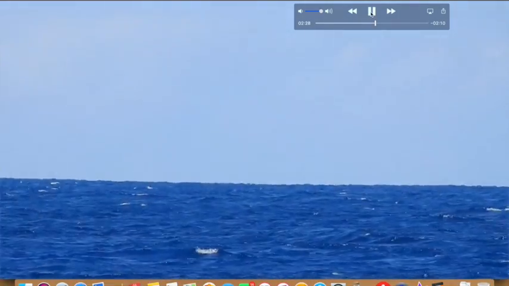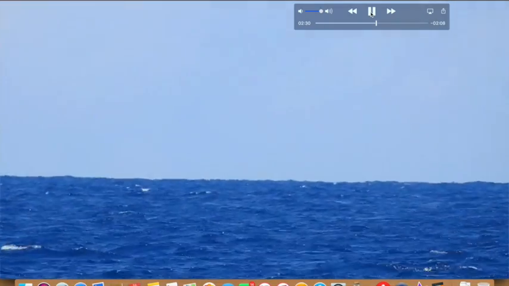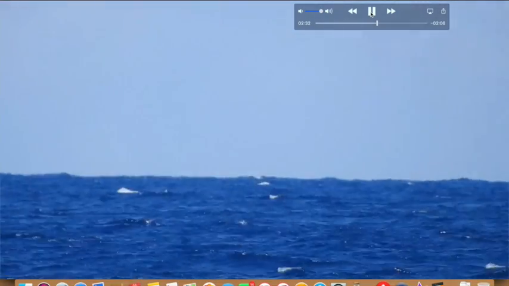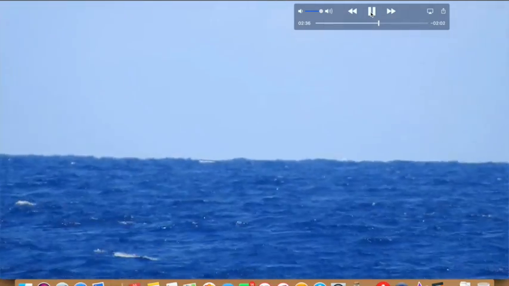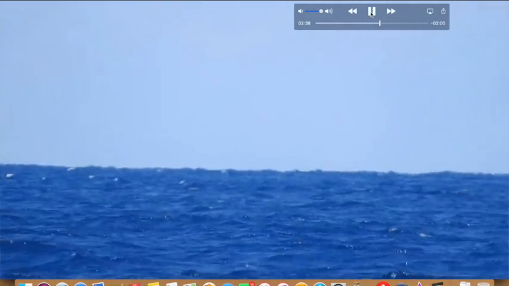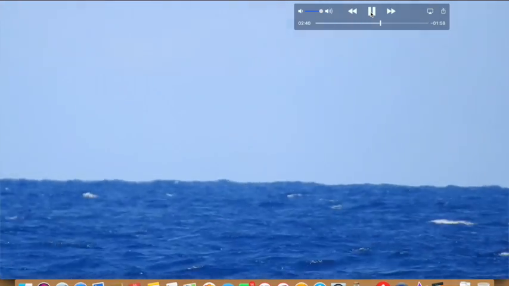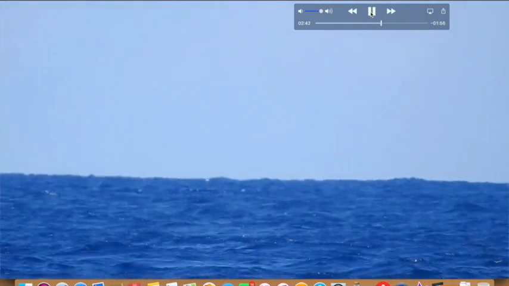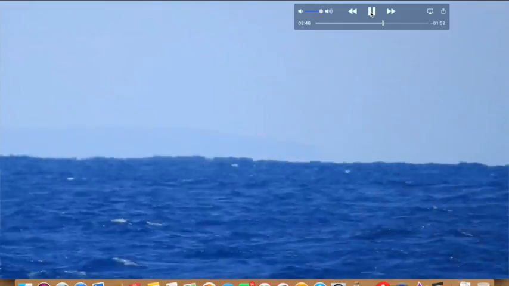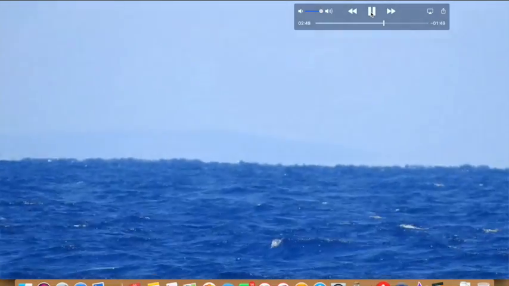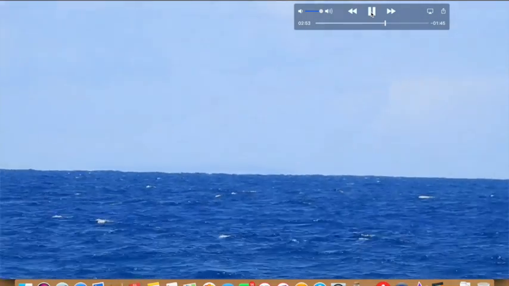You see. Very hard to see. Here's Kahoolawe again.